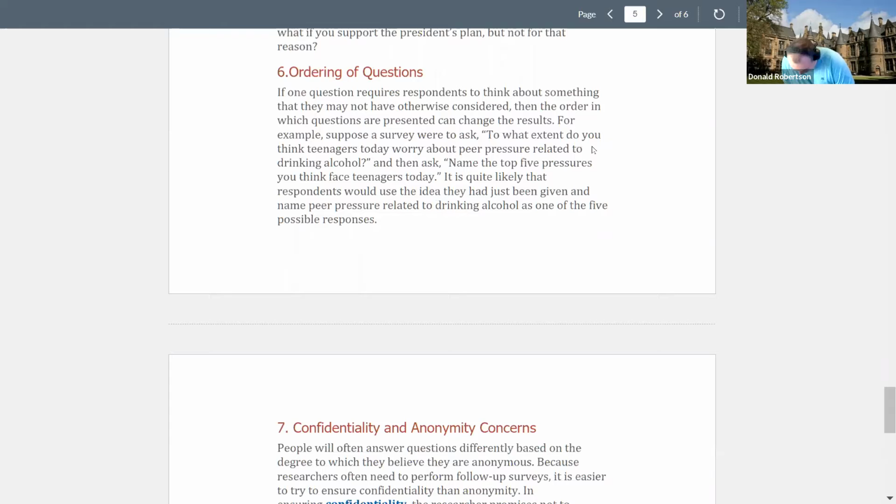So you might start off by saying, X amount of people are in jail in Washington state. Do you think we should be spending another 100 million on building a new prison? People say yes or no to that.